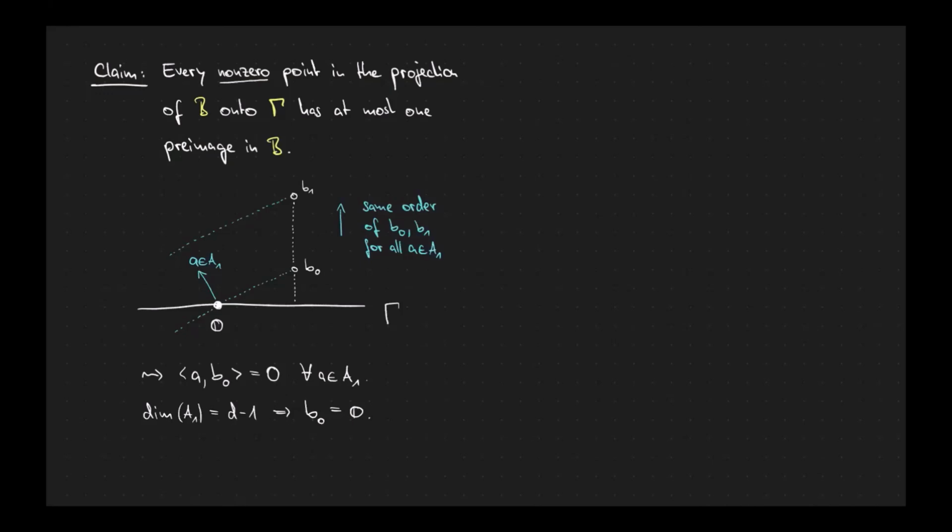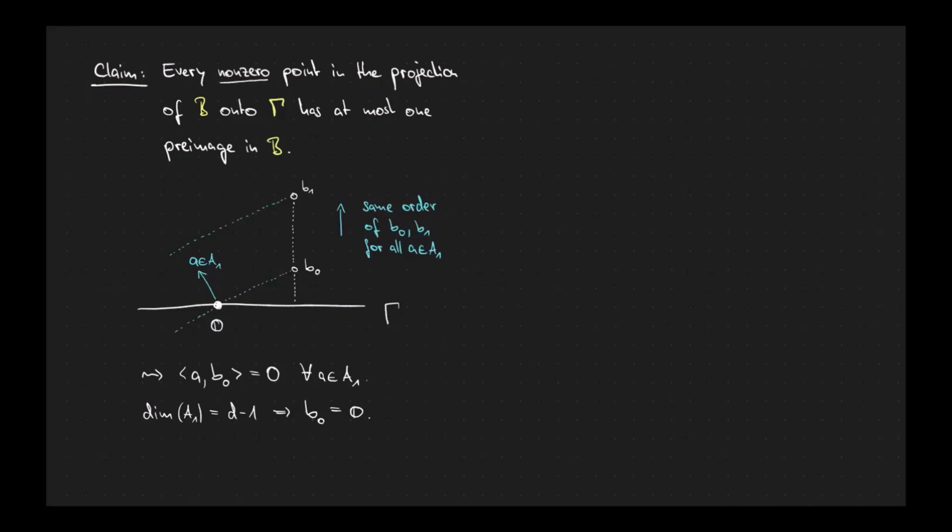It's easy to see that, okay? But then this means that B0 has inner product 0 with all points from A1. Now we use the fact that A1 has dimension d-1, which implies that B0 is the all 0 vector. So only in that trivial case you have multiple pre-images, okay?